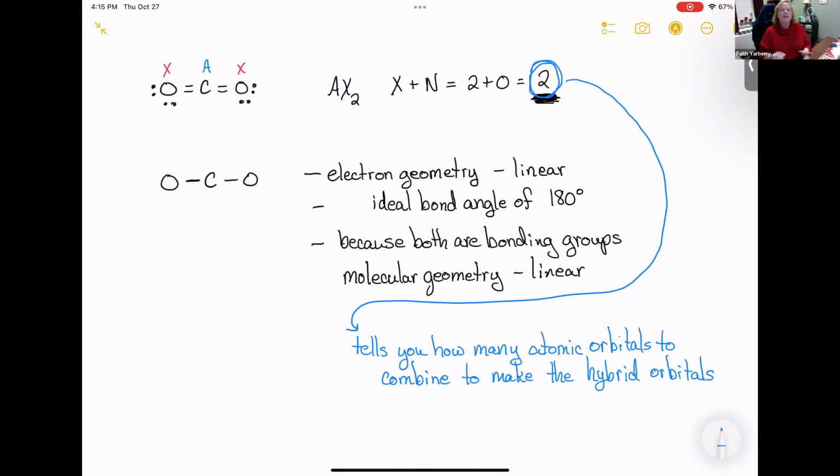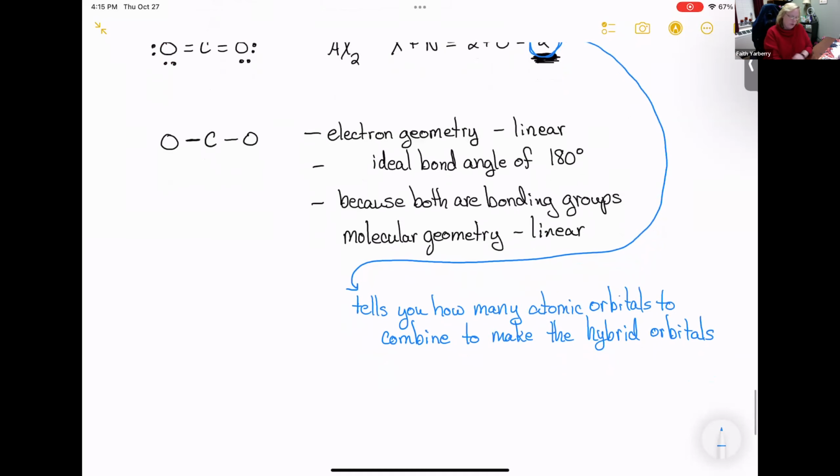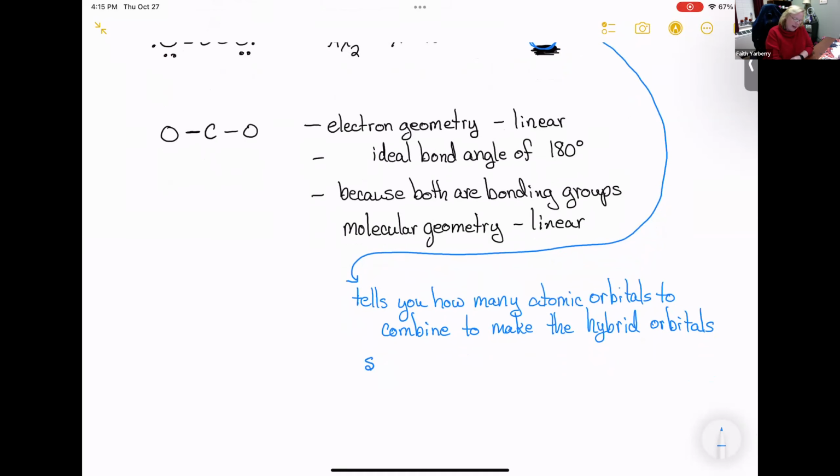We need to combine two atomic orbitals. So we're going to combine an S and we're going to combine a P. We always start with S, then go to P. So in other words, the hybridization on our central atom is sp hybridized.